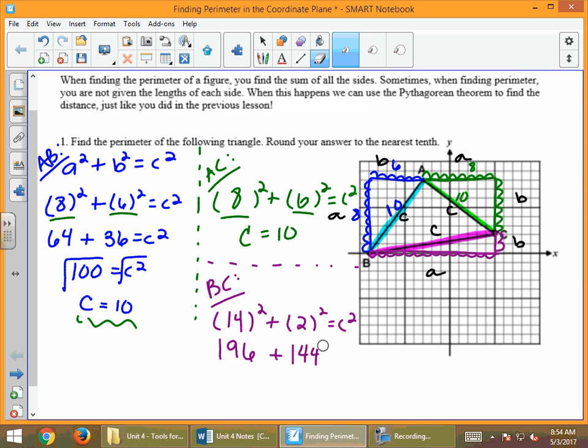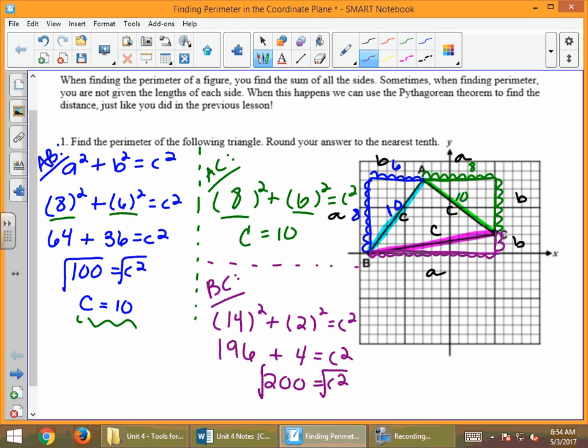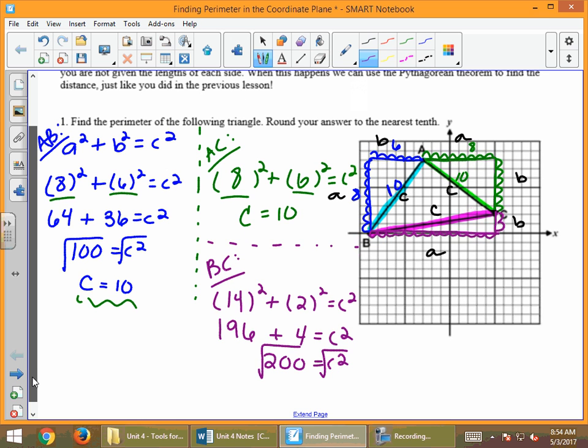Oh, sorry, I thought that was 12 squared. 2 squared, I'm sorry, is 4. And then 196 plus 4 is 200. Again, just like we did the other, square root both sides. So c is the square root of 200, well, 200 is not a perfect square, so you'll have to plug this in your calculator.